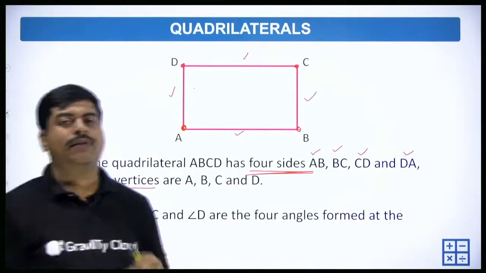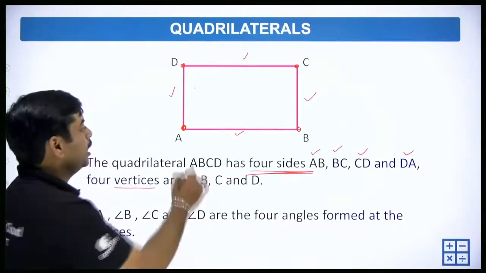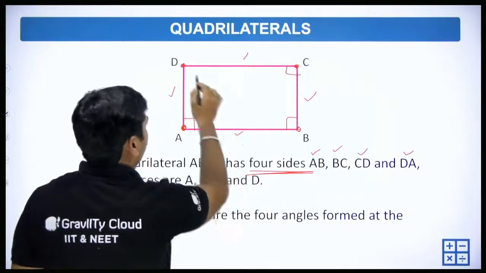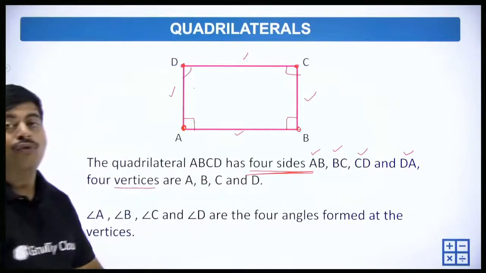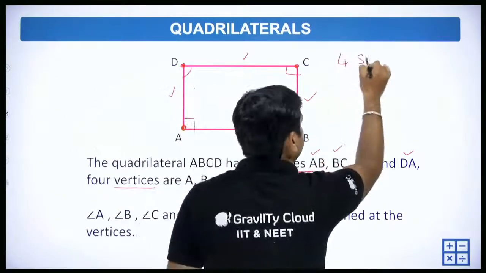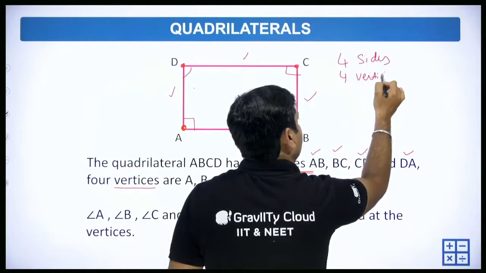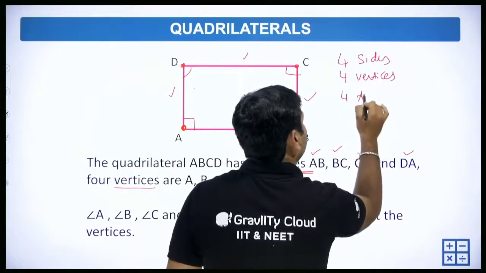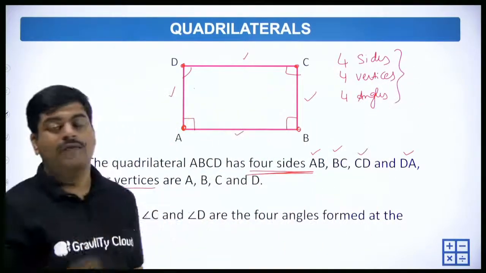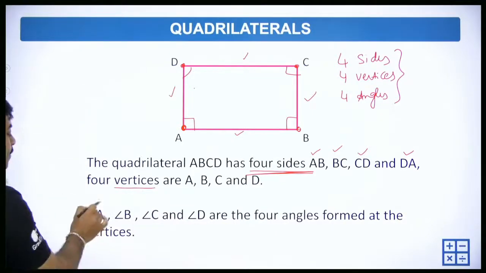A quadrilateral has four sides, four vertices, and also an angle at each corner, so we have four angles as well. All of these will be four in count for a quadrilateral.